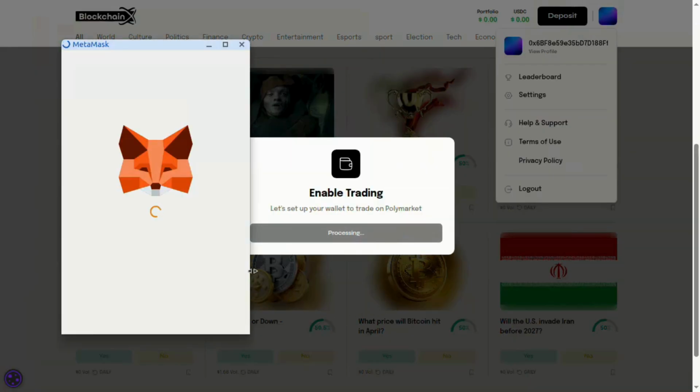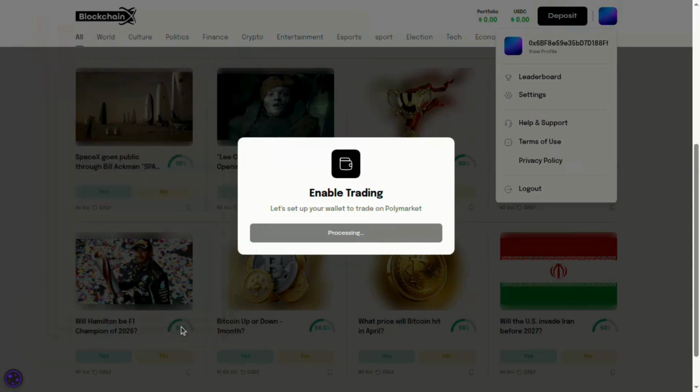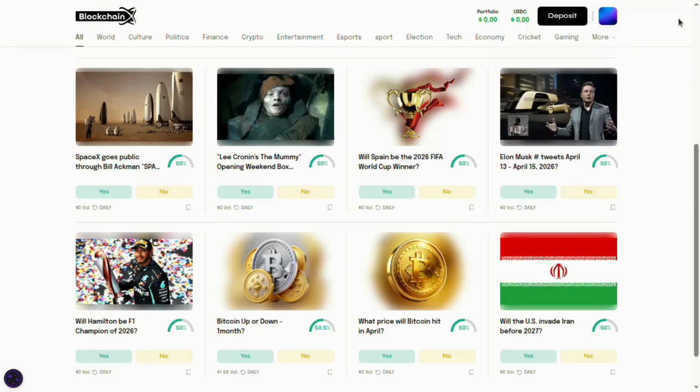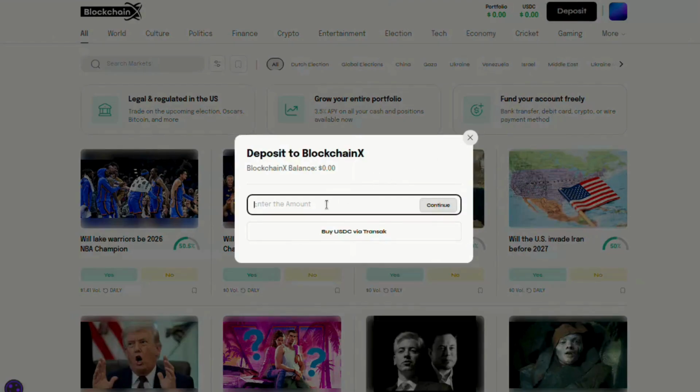After signing up, the user enables trading to register the proxy wallet in the smart contract. The user deposits USDC into their wallet.